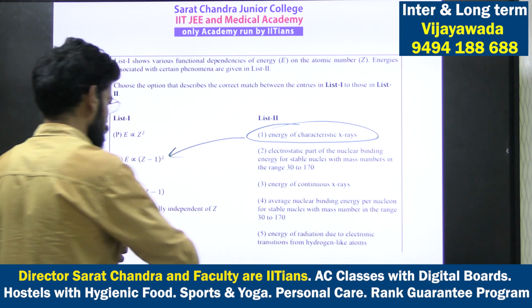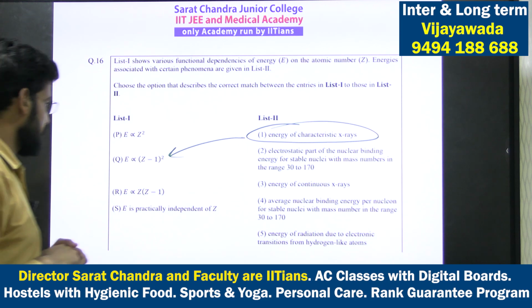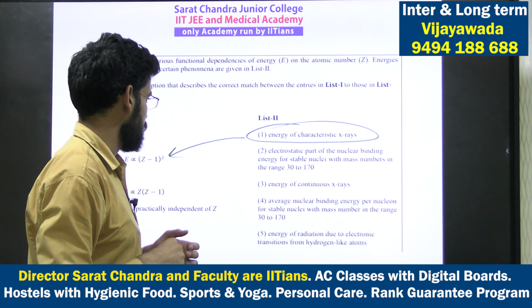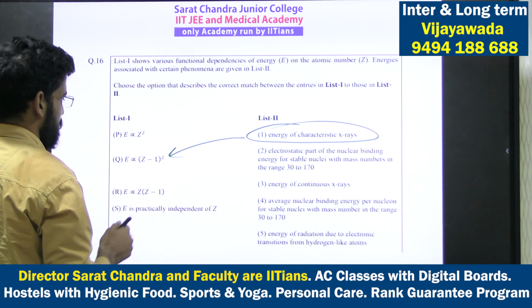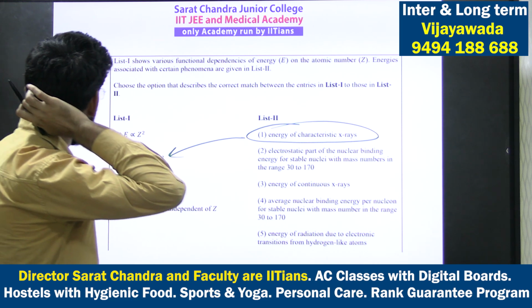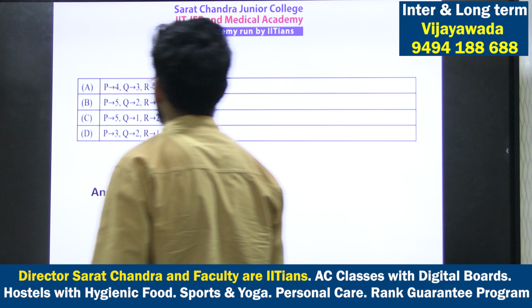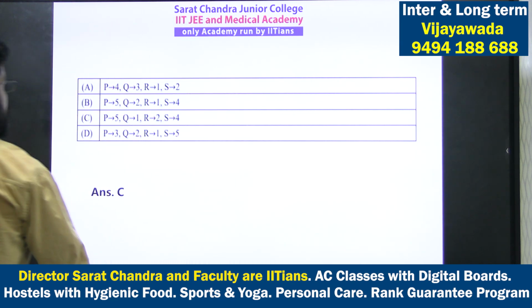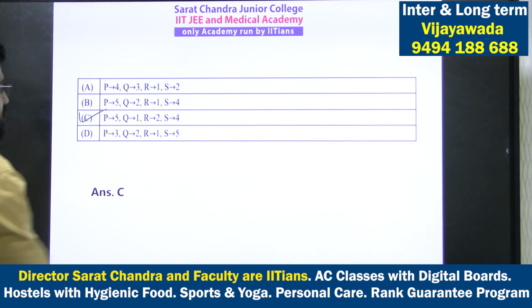By Moseley's law we know that it is Z minus 1 whole square. I don't know why I am not able to pronounce that correctly. So Z minus 1 I know. So first Q1, if I answer the Q1, there is no competition.